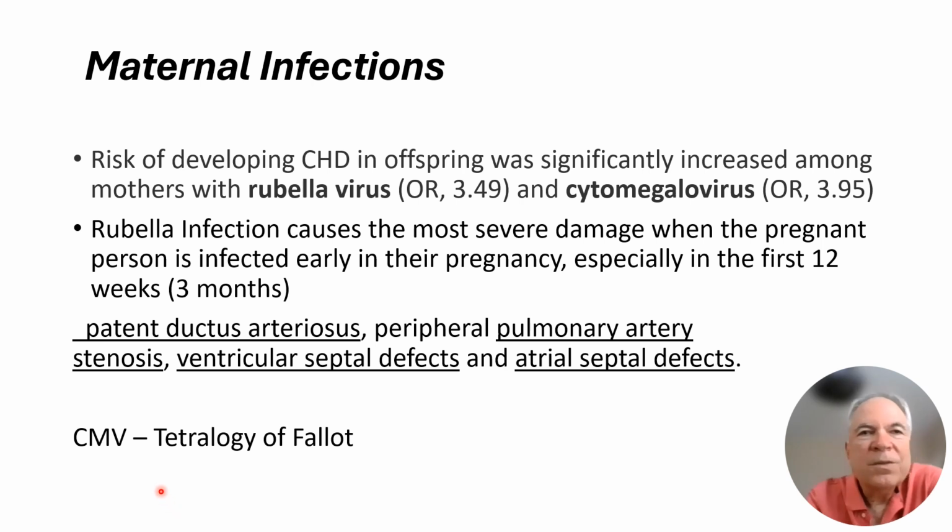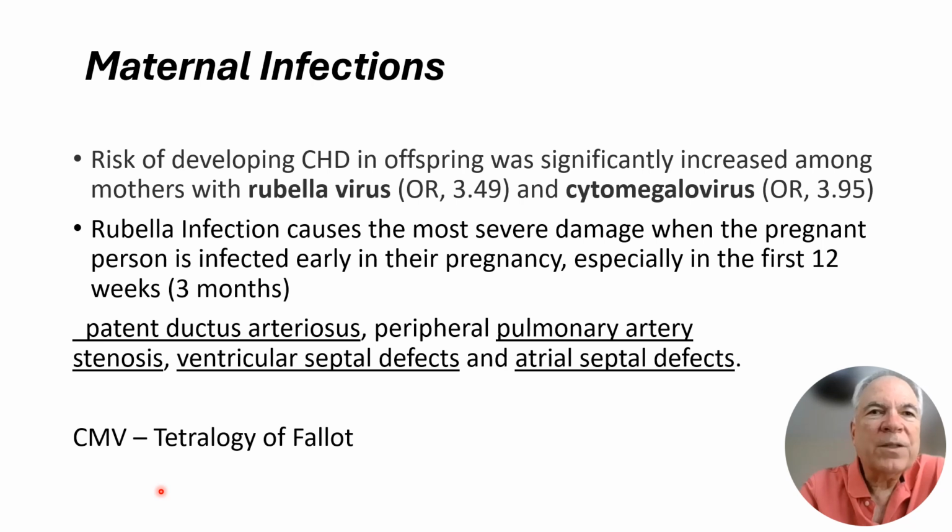Infection in the mother is also a risk for congenital heart disease, and two of the most common, rubella virus, which is German measles, has an odds ratio of 3.49, which means that it's 3.5 times more likely to have congenital heart disease if the mother is exposed to rubella, and the same thing with cytomegalovirus, of almost 4 times greater incidence if you're exposed to cytomegalovirus.